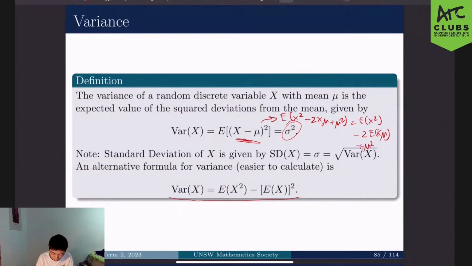We'll note that this mu is actually a constant as well. Because mu is the same as E of X, we can just write it like this, and then these two cancel, and we get our desired outcome.